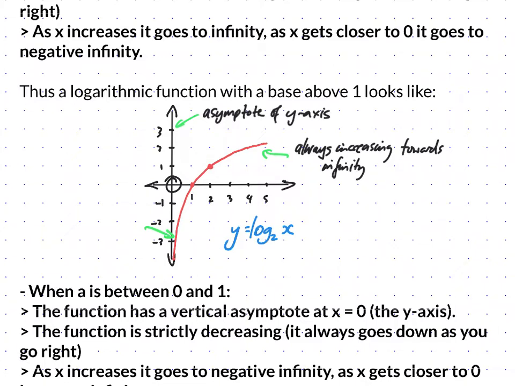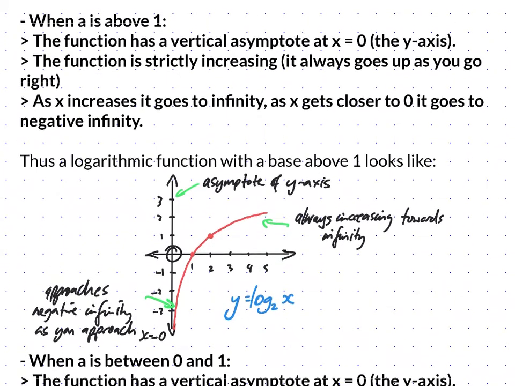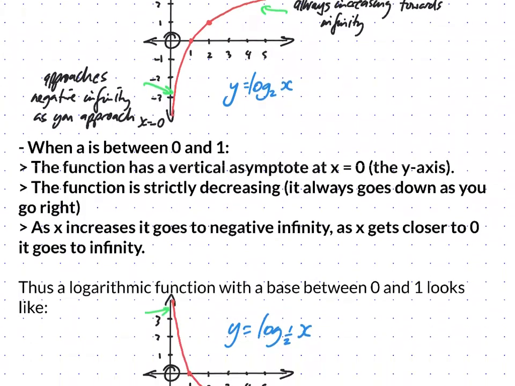And then here, the bottom left arrow, you can see it approaches negative infinity as you approach x equals 0. So those are some characteristics of a logarithmic function if the base is greater than 1.